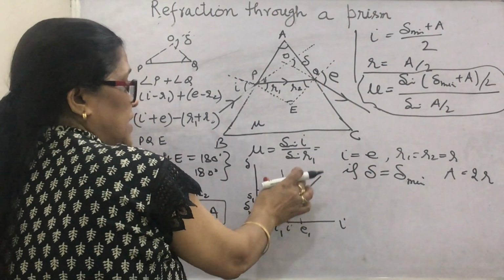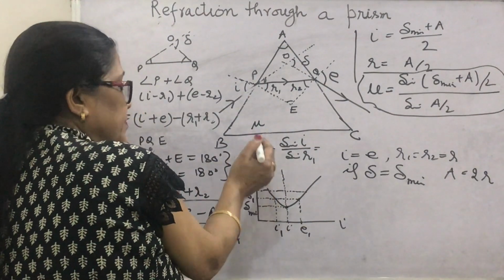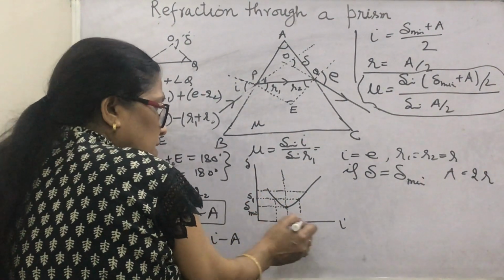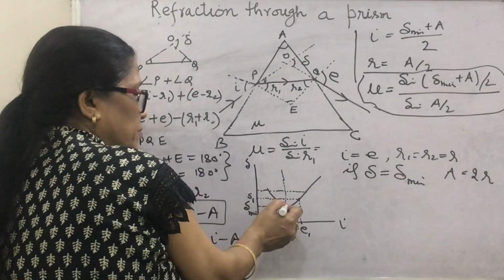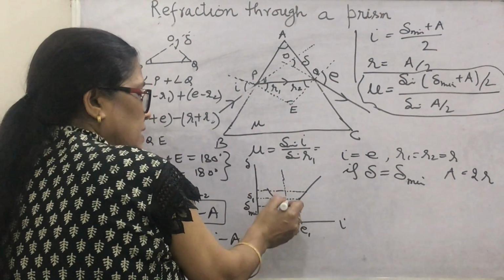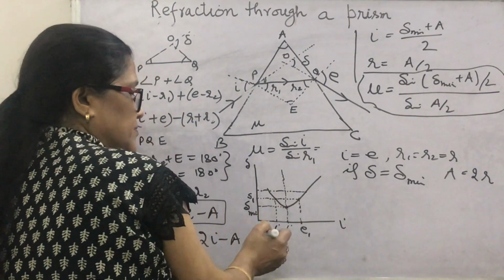For example, here also you will find the same. You see here that the angle of deviation first decreases with increase of angle of incidence, becomes minimum at a particular angle of incidence, then it increases.